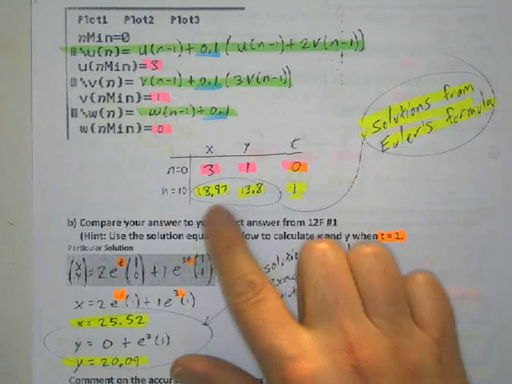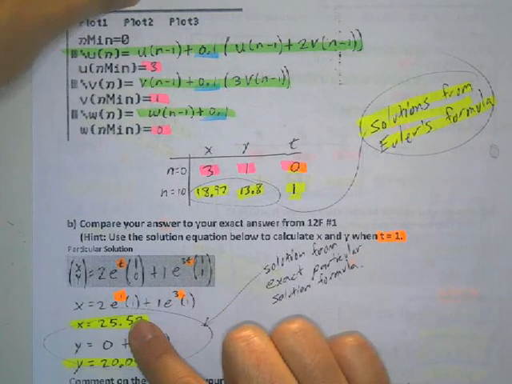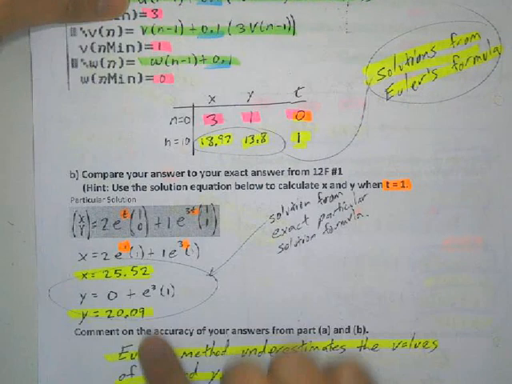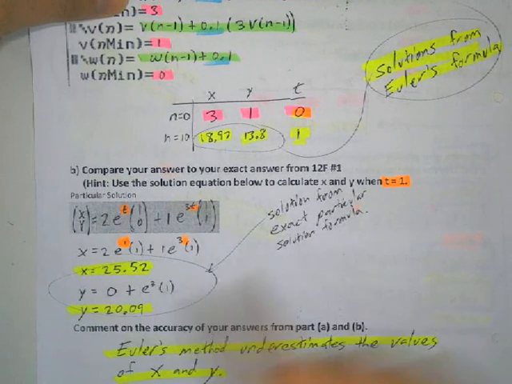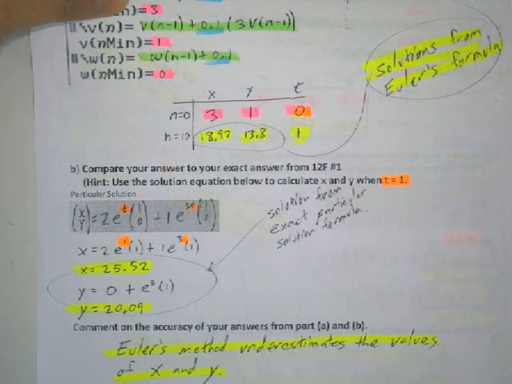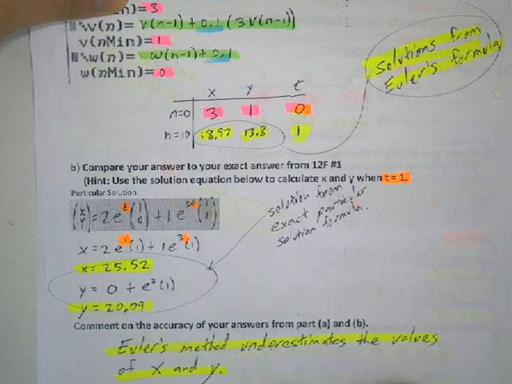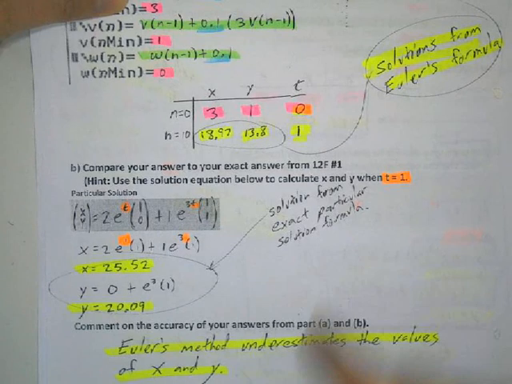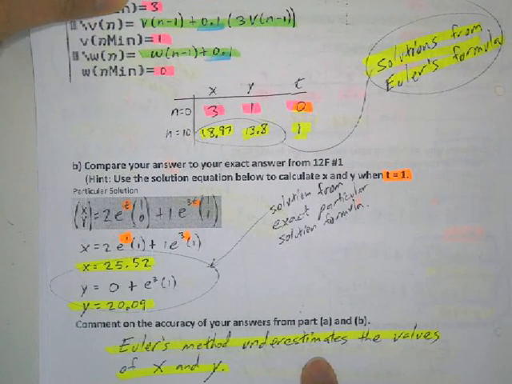This is my Euler estimate, and this is the exact answer from the particular solution from 12F, and you can see they're in the ballpark, I guess. Still, Euler's method underestimates the x and y values.